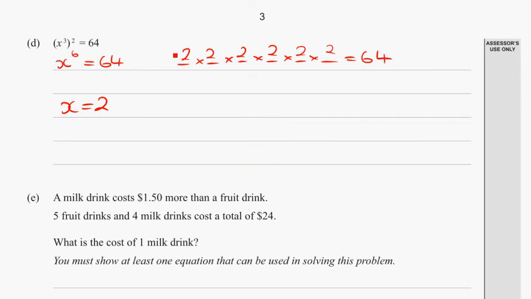It may pay to just check the negative, and check -2. When you have pairs of negatives, 2 negatives multiply to give a positive, another 2 negatives to make a positive, and another 2 negatives to make a positive. X equals 2, or in fact -2 would also work.